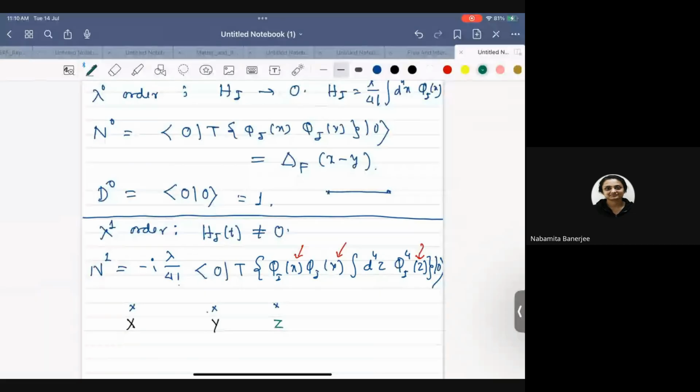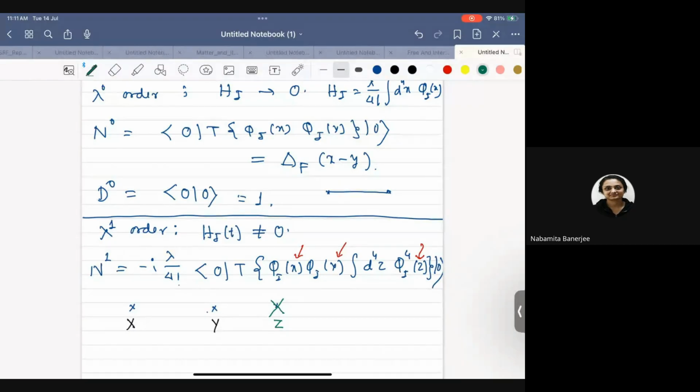So z, I'm going to use green color just to keep in your mind that whatever is integrated over is different from whatever is not integrated over. When you evaluate this result, your final result will not depend on z because z is integrated, so it will only depend on x and y. Now what do I have? At x I have one field, at y I have one field, but at z I have four fields.